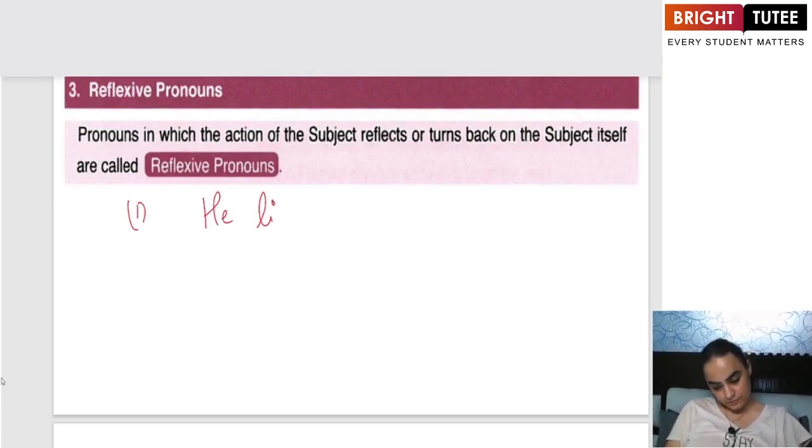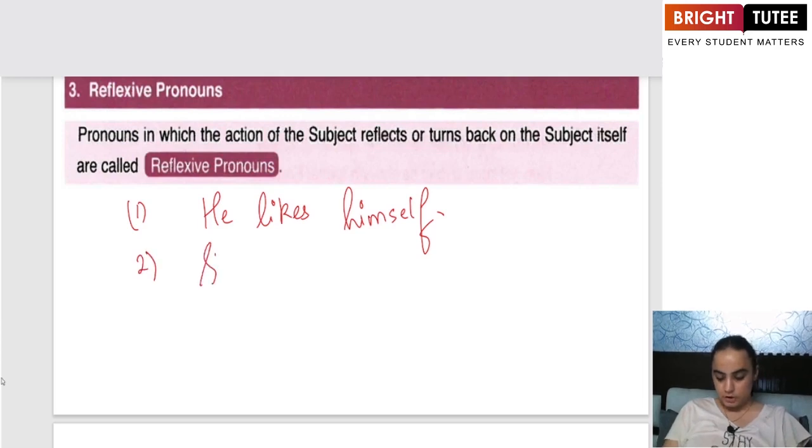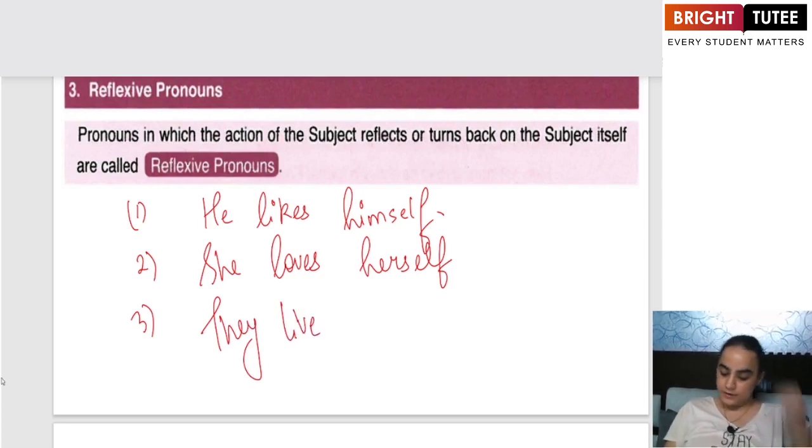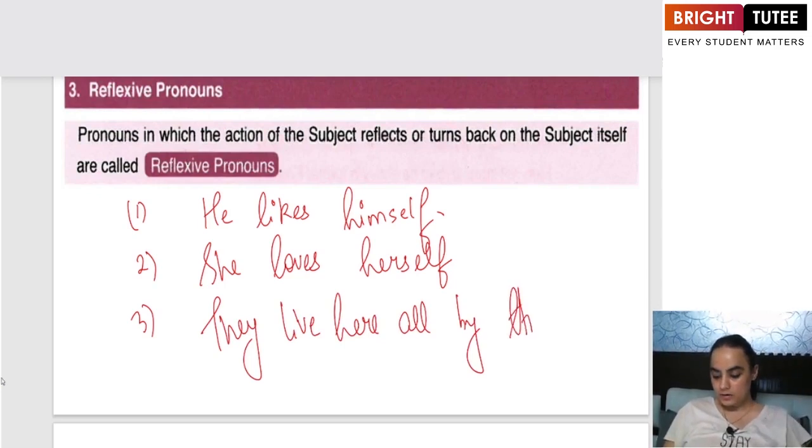He likes himself. She loves herself. They live here all by themselves. Now look at these sentences. He, himself. She, herself.